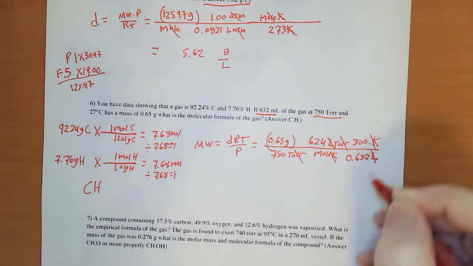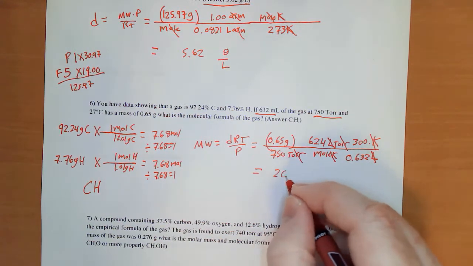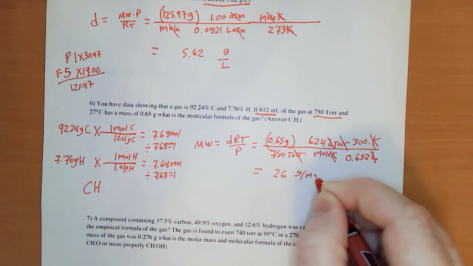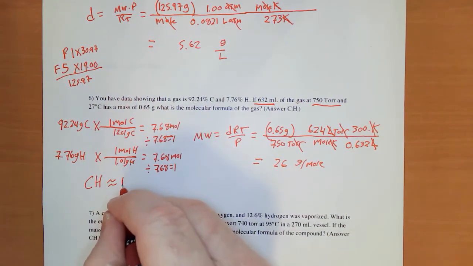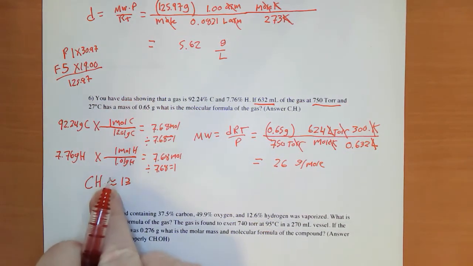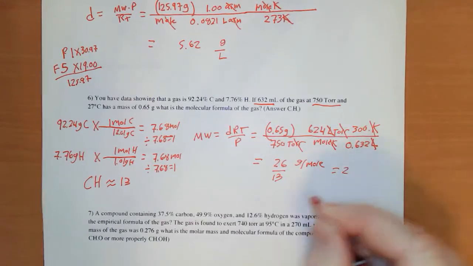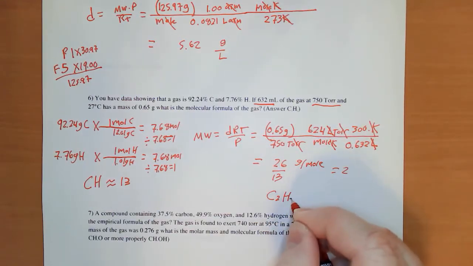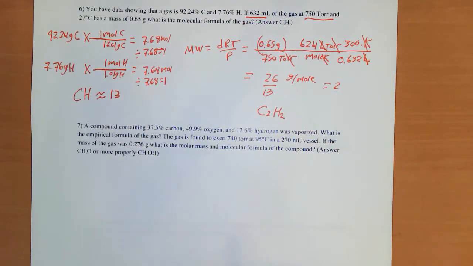They tell you when you have made a boo-boo. And that comes out to be about 26 grams per mole. Now, CH is about 13. Carbon's 12, hydrogen's 1. So 13, that's going to be twice. I'm looking at C2H2 for this compound. Okay?